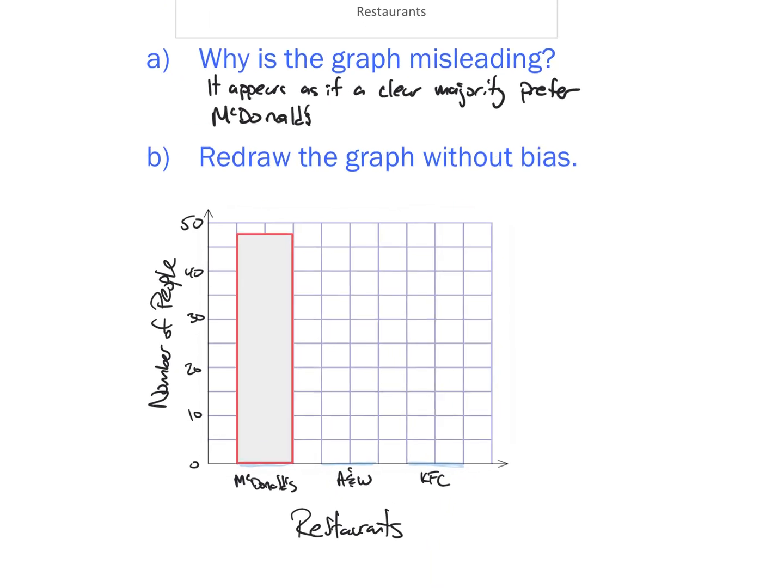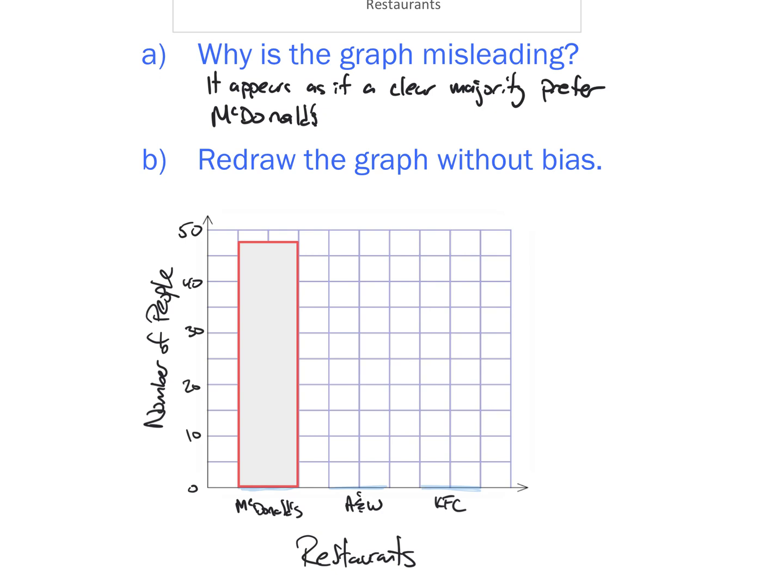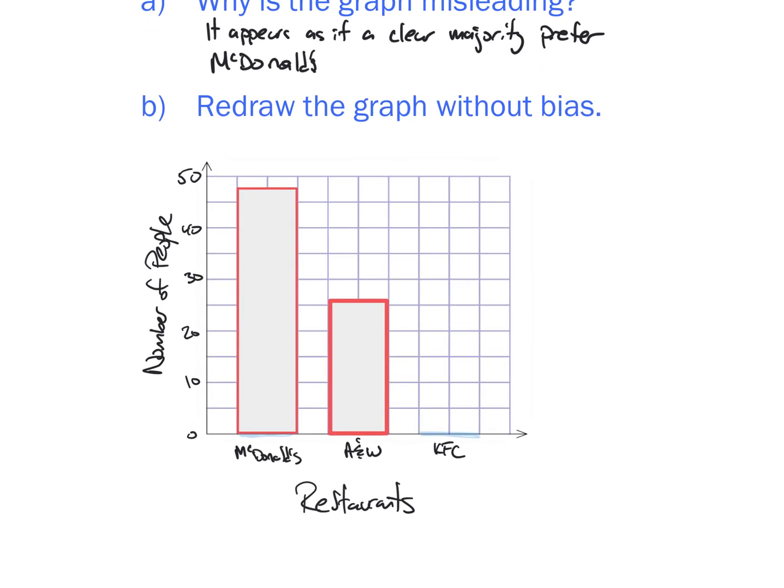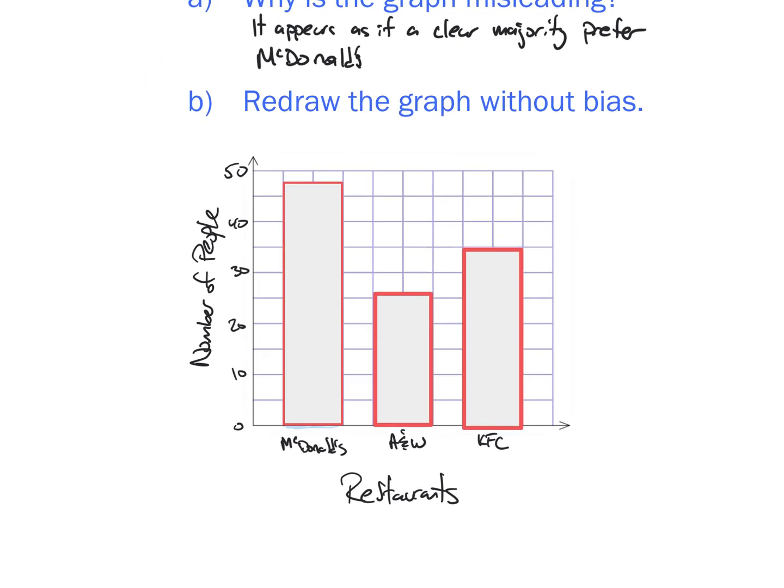Yeah. So, let's go ahead and go up 26, which is right here. There we go. And KFC hits 35. We should probably add a title, which would just be favorite fast food.